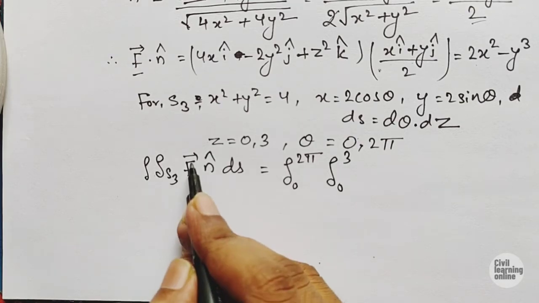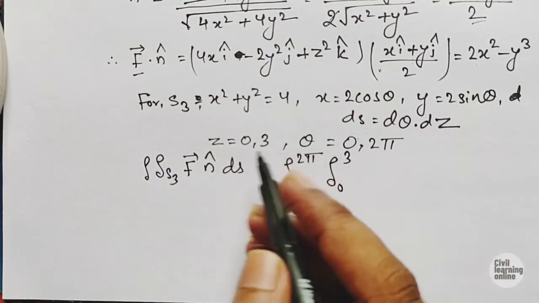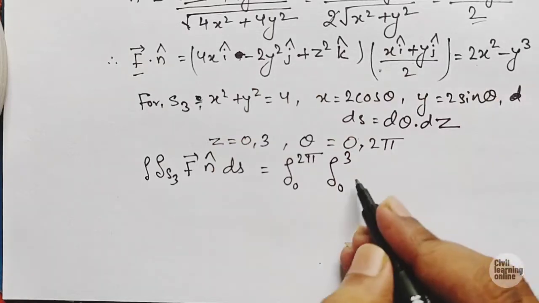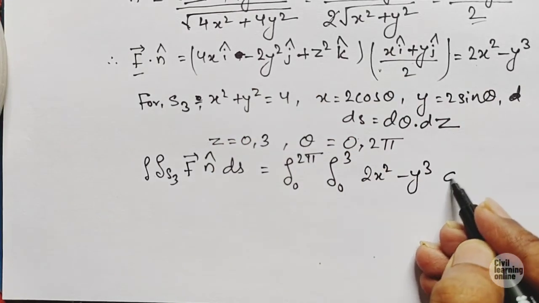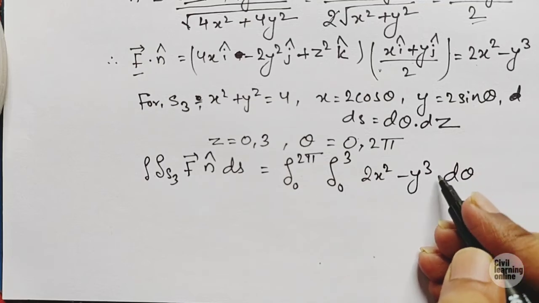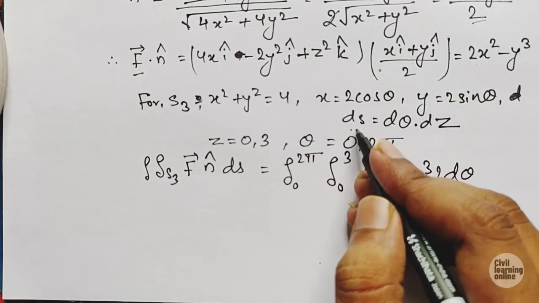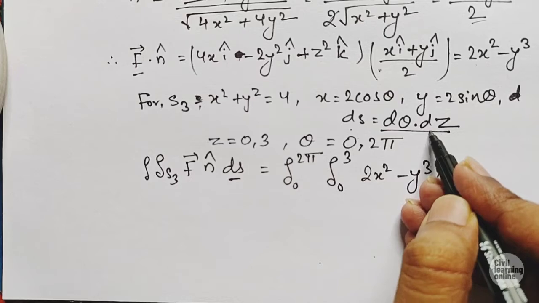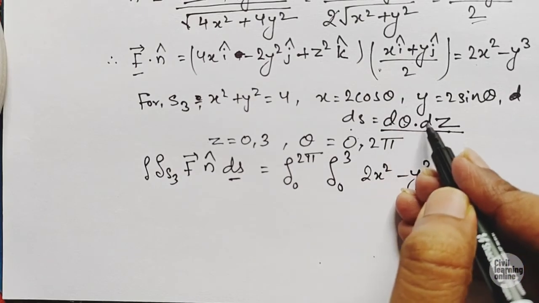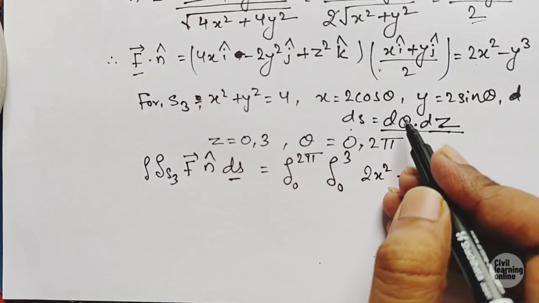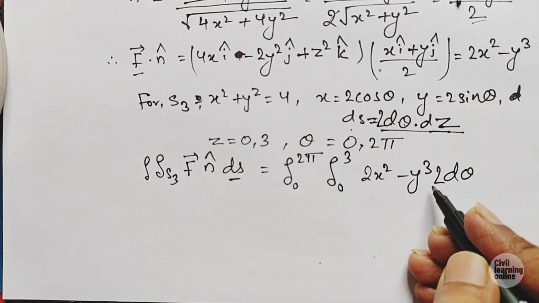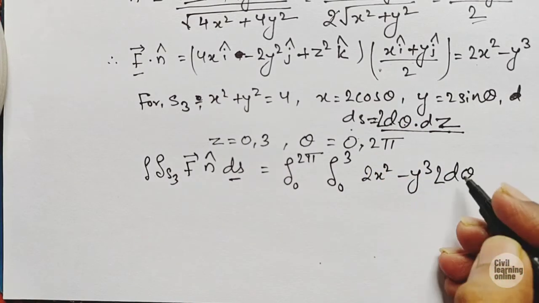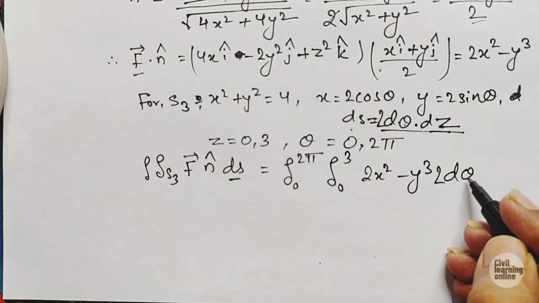Put in the value of f vector dot n cap, which we found to be 2x squared minus y cubed. ds will be equal to d theta into dz, and multiplied by 2. We need to take it 2 times, so 2 times d theta and dz.